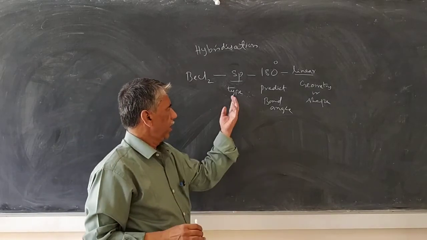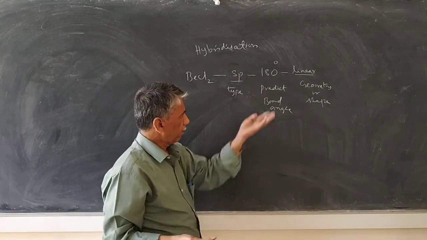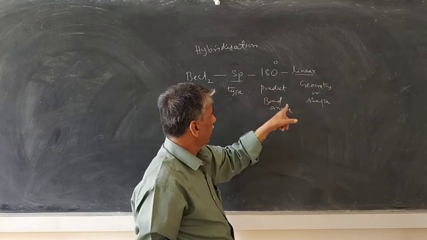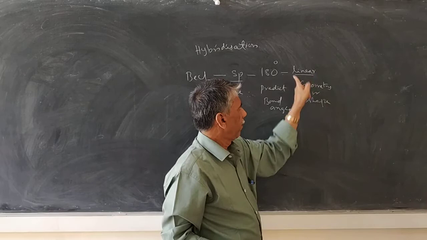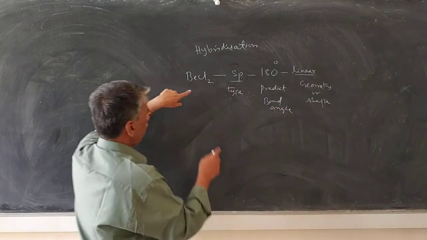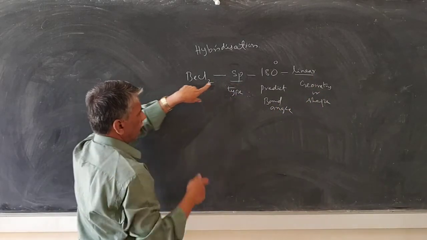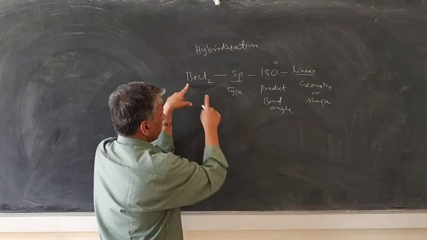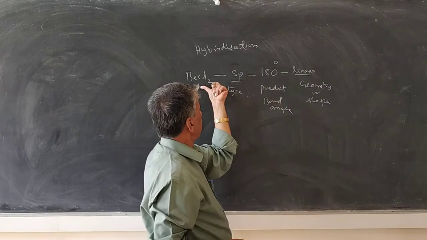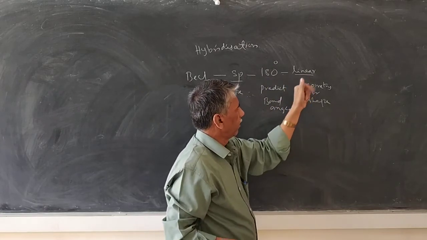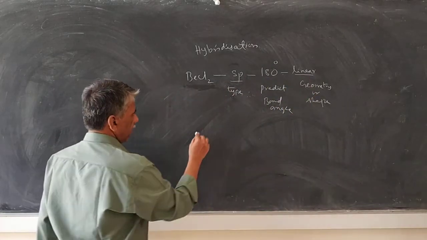By knowing the type of hybridization, you can predict the bond angles in the molecule, and you can also predict the geometry of the molecule. So, since beryllium chloride has involved sp hybridization, the bond angle in beryllium chloride is 180 degrees and its geometry or its shape is linear, which is written here.